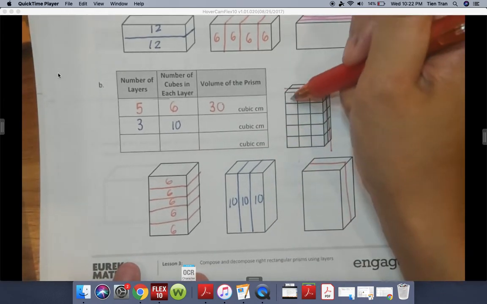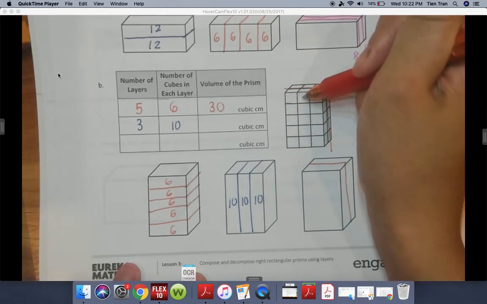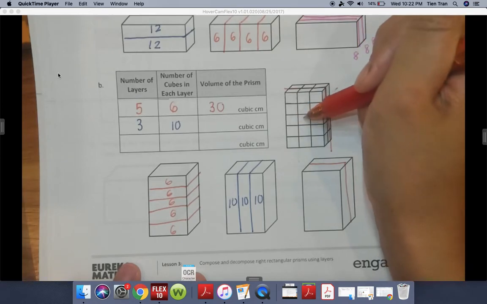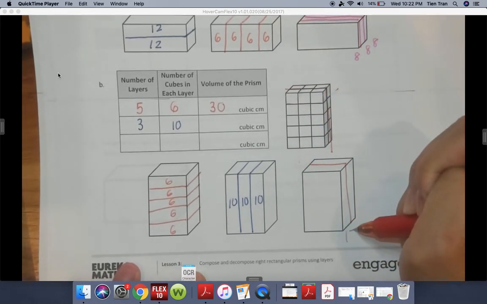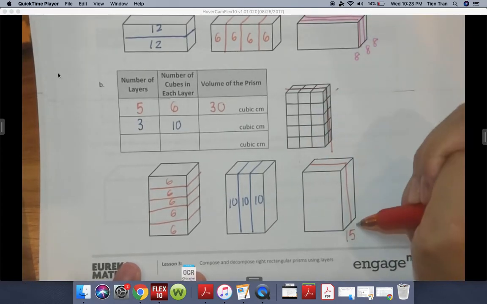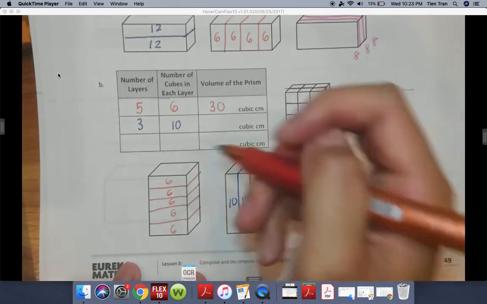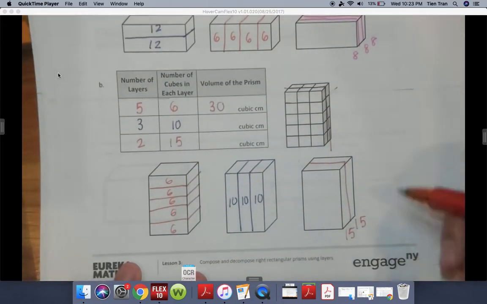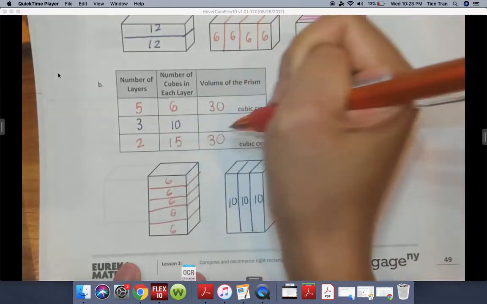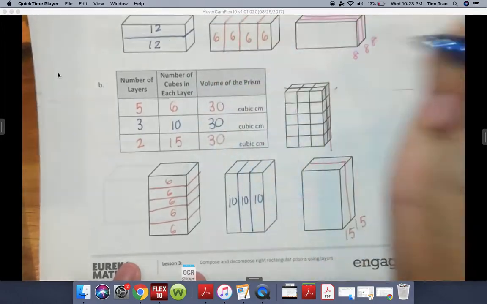So I'm going to count how many there is on one side, and then I can multiply that by 2. 1, 2, 3, 4, 5, 6, 7, 8, 9, 10, 11, 12, 13, 14, 15. So this one has 15, and the back is also going to have 15. So there are 2 layers, 1, 2, and there are 15 cubes, so 2 times 15 is equal to 30. I almost forgot, I'm so sorry. That one is also equal to 30.